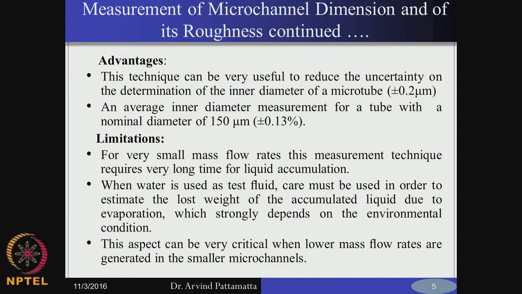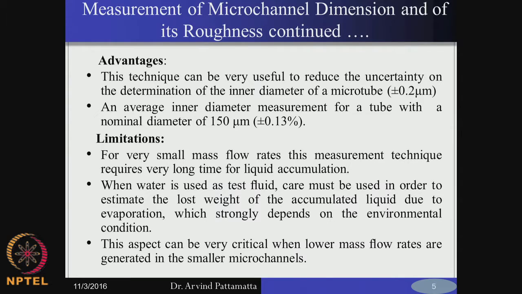Since you are avoiding a precision balance, the least count, and therefore the precision of the balance, is not going to play a big role in determining the size of the tube to a great accuracy. It is only going to be the pressure drop that you will measure, and usually the smaller the tube, the larger is the pressure drop.